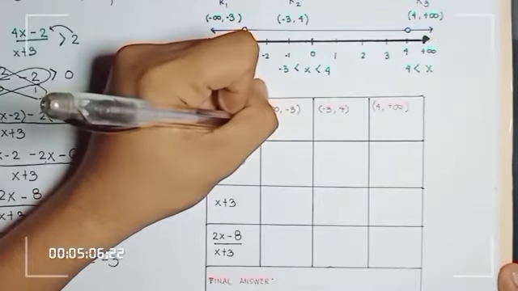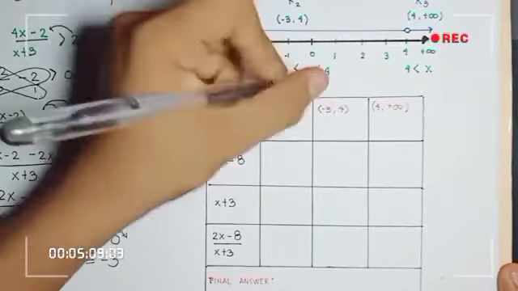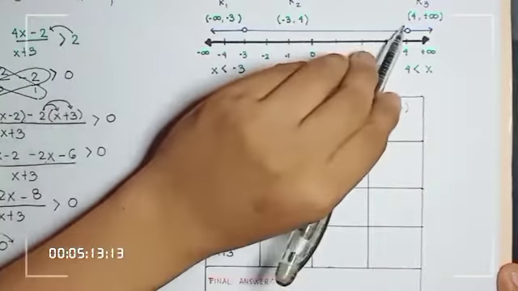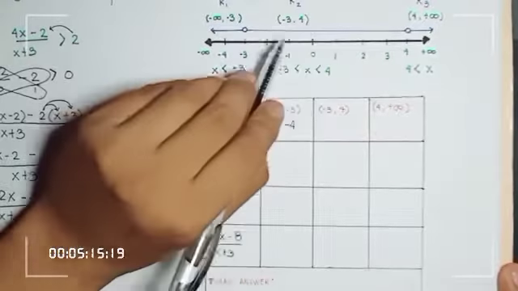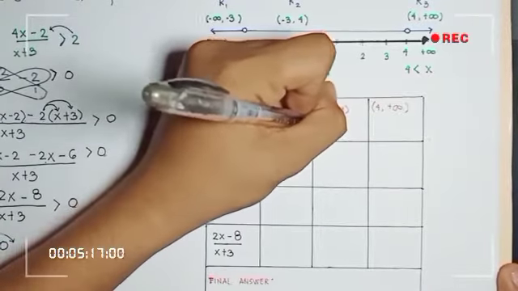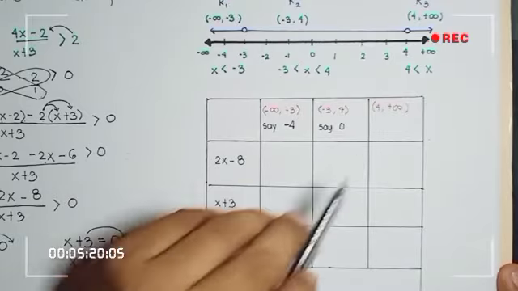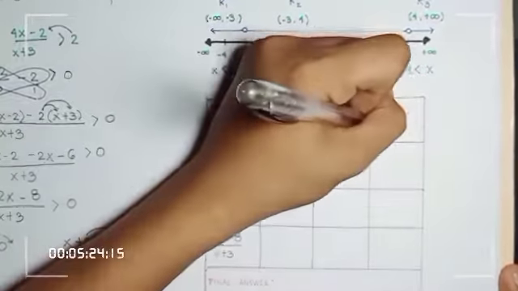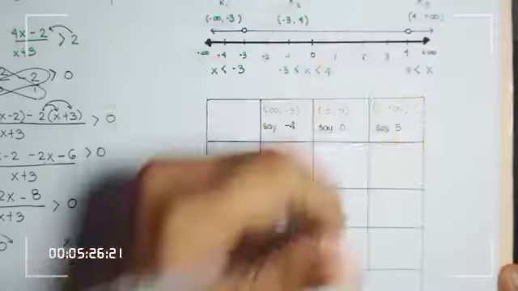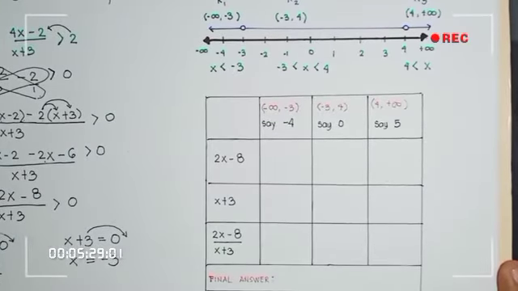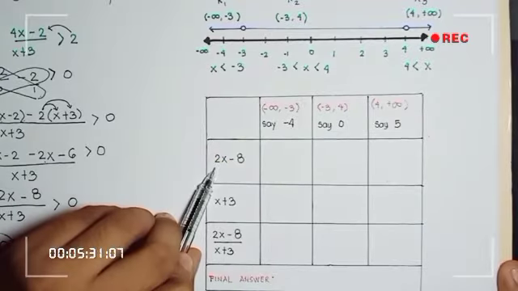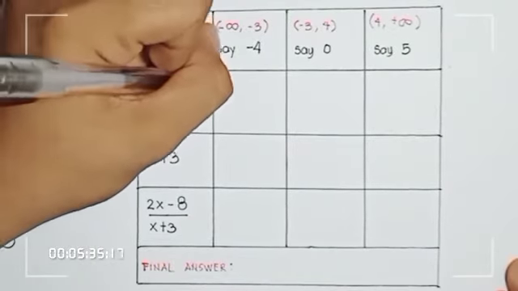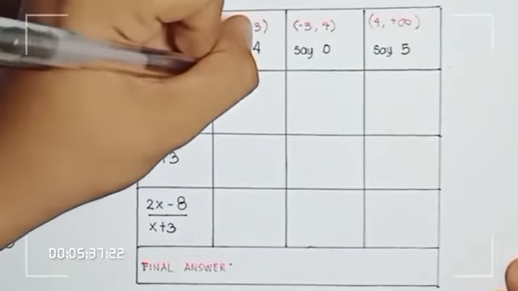Say we have negative 4. For the middle term, the numbers that are in between negative 3 and 4, say 0. And then for the right side, numbers that are greater than 4, say 5. So it's up to you to choose the numbers that you want to represent the regions that we are using.